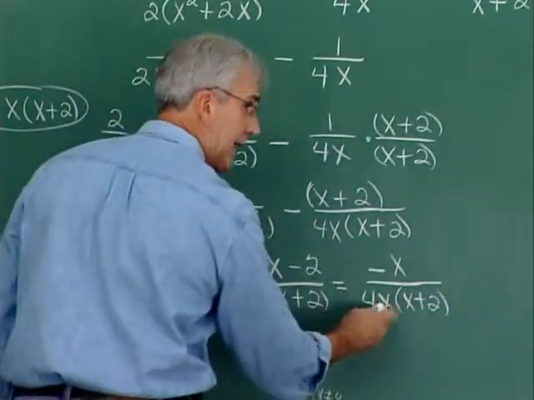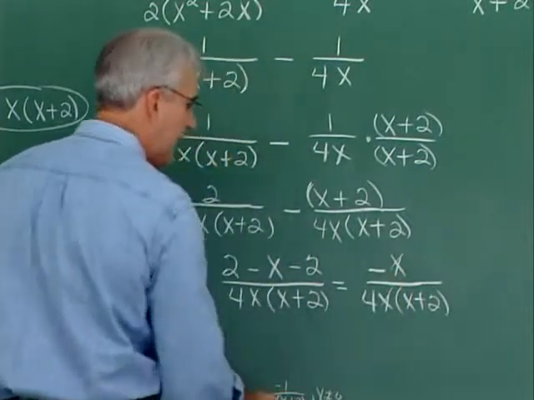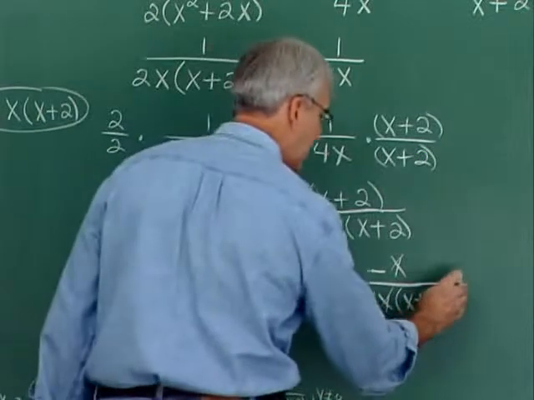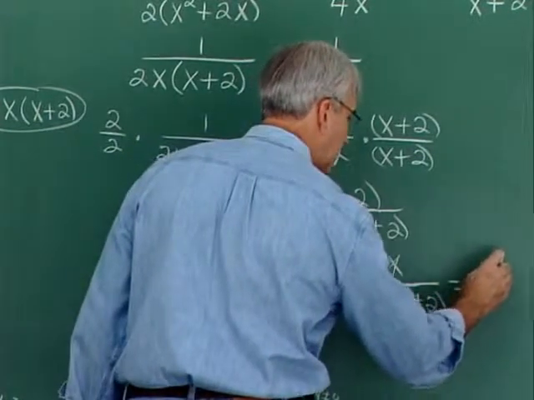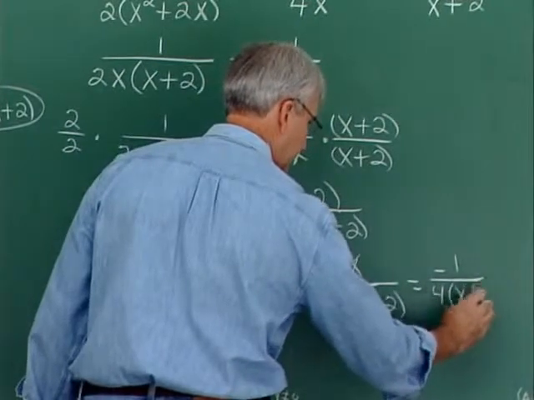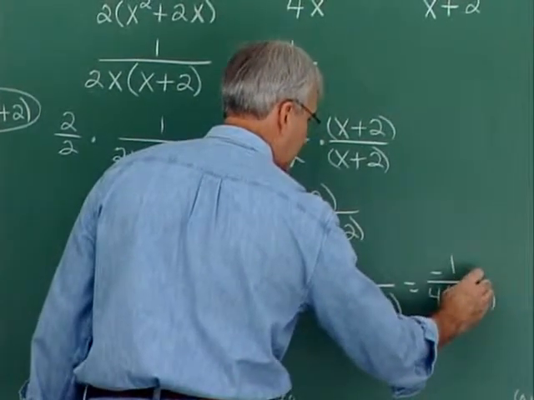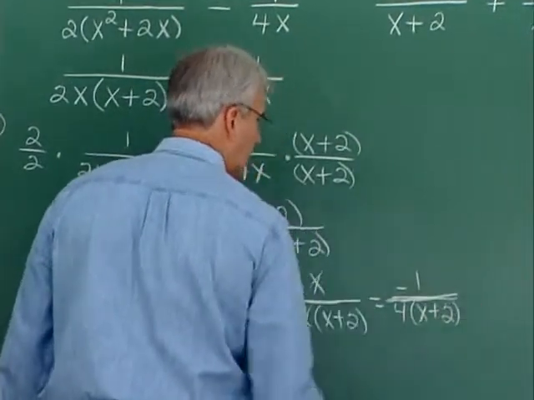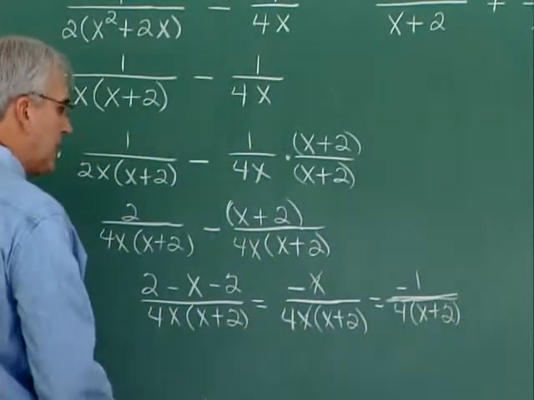Oh, the x's can cancel. So if these x's cancel, we have minus nothing in the numerator. Well, not exactly nothing. We put a 1 there as a placeholder, so it's negative 1 over 4 times x plus 2. Now in problems like this, you'll often see in your book that there is a domain statement from time to time.